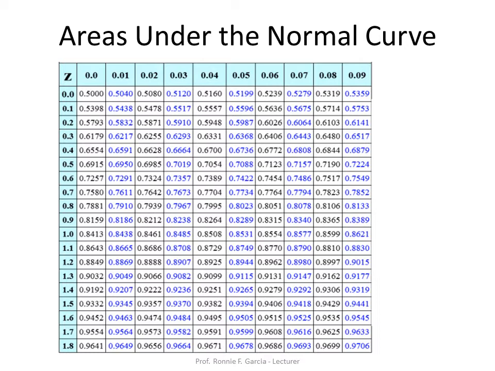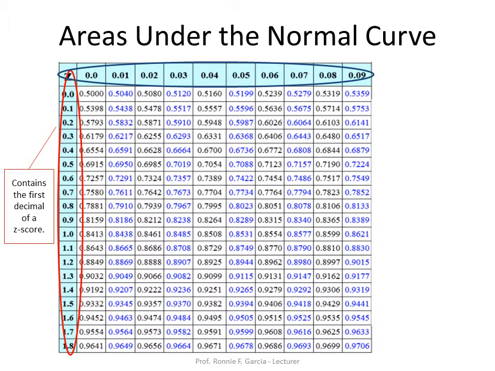So the z values or the z-scores are plotted here. That's the first decimal place of the z-score. And on the first row of the table, you have the second decimal place of the z-score. As I have mentioned earlier, the z-score must be converted into the nearest hundredths, or 2 decimal places.